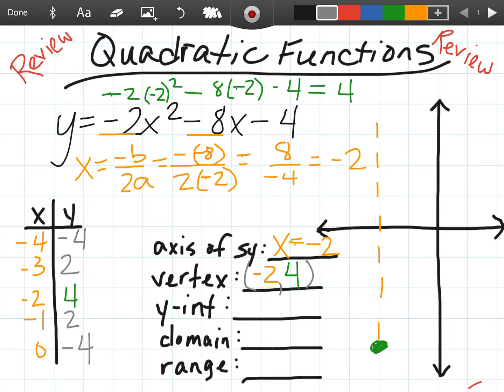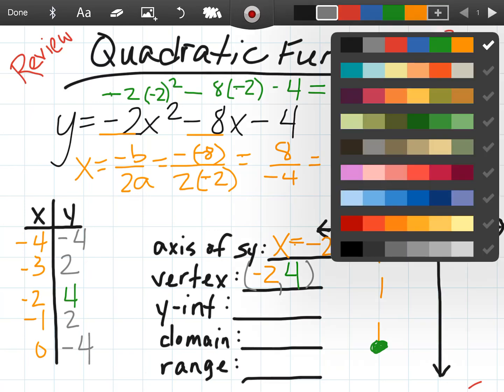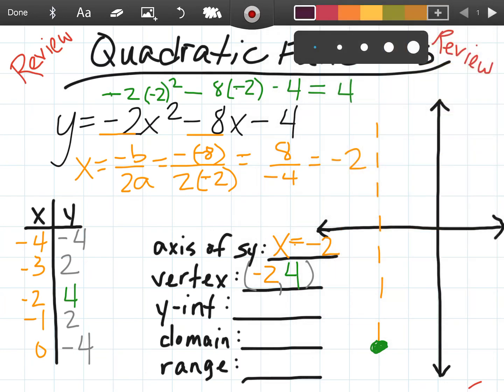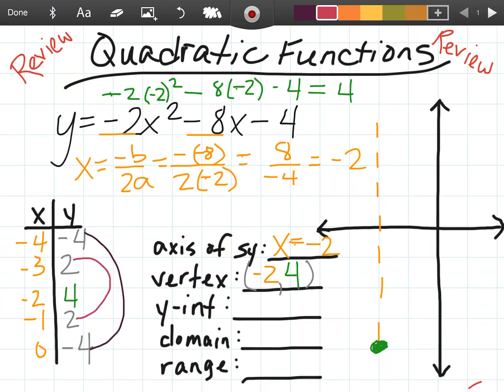And if you remember what I told you in class, that allows us to see this fun rainbow pattern in the y values that match up. And so I know for certain that whatever I see here in the middle is definitely my vertex.